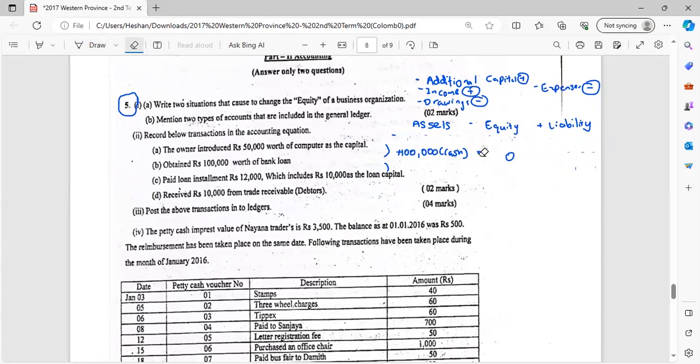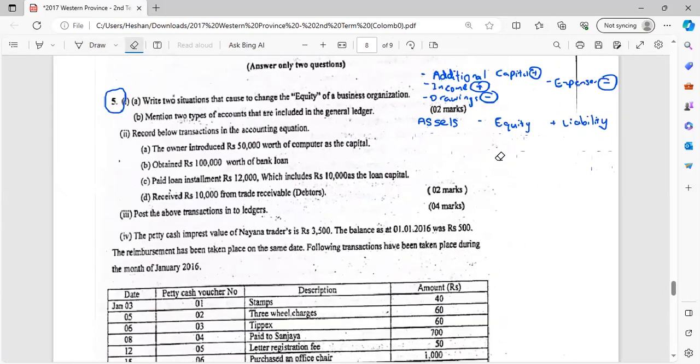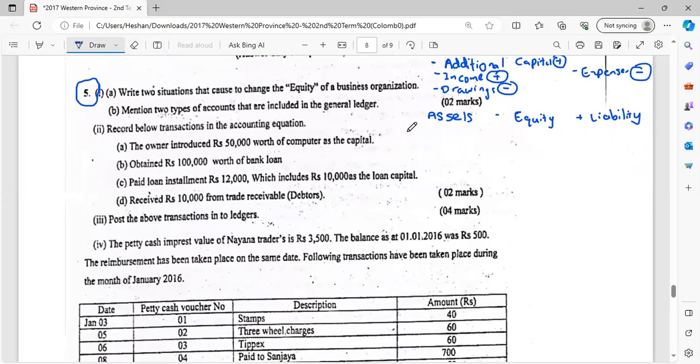C and D. What is the answer? C: paid bank loan installment 12,000, which includes 10,000 as loan capital. Now 10,000 as loan capital means 2,000 is the interest. So fully we paid 12,000.